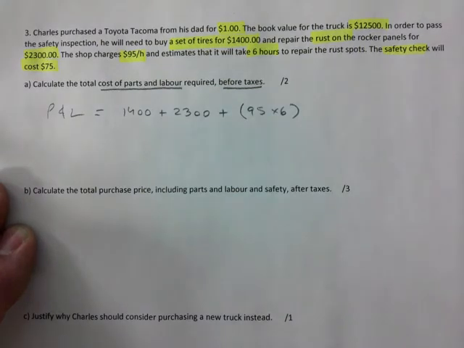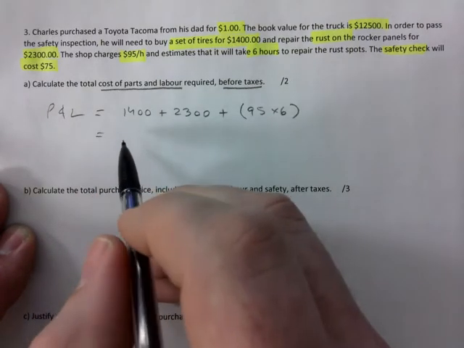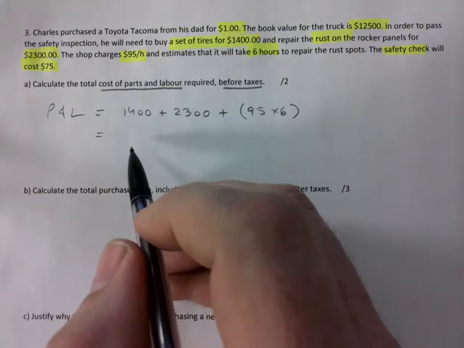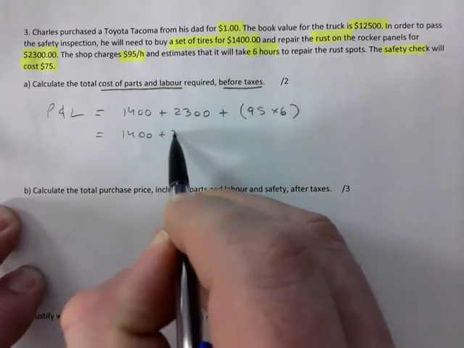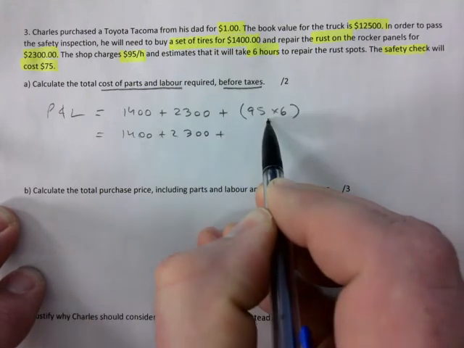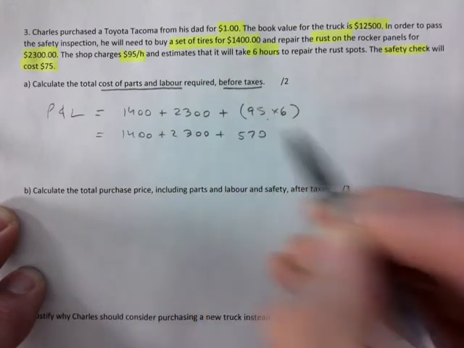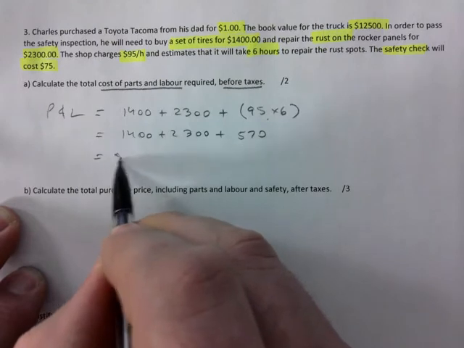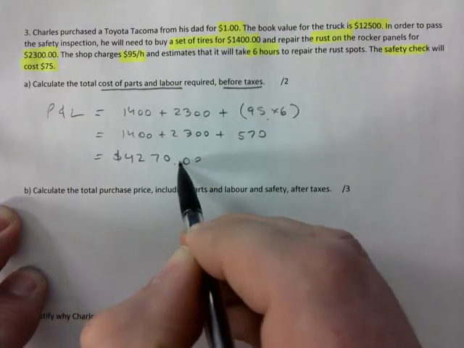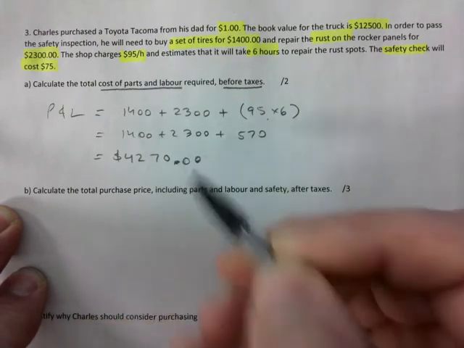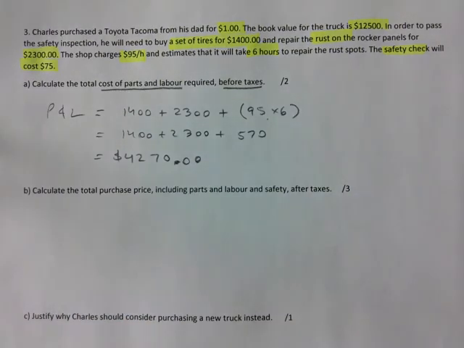That's one way of showing it. It doesn't have to be done exactly like this. I'm going to do one more line where I show just this part right here. That's $570 on labor, and altogether $4,270. Now you know why it was worth $1. It was the dad, and second, lots of repairs needed.